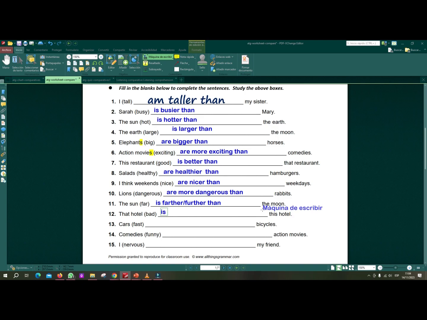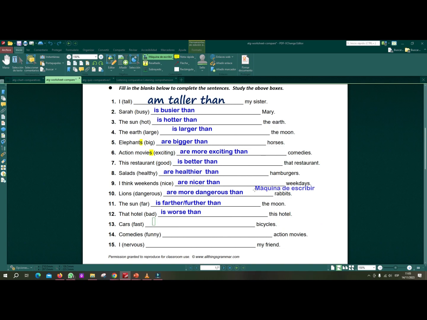Entonces, the hotel is worse. Look, worse than this hotel con el otro en este caso. Pero, como es un adjetivo irregular, ¿verdad? Tenemos que escribirlo en su forma correcta. No better, that is worse. Right, excellent.